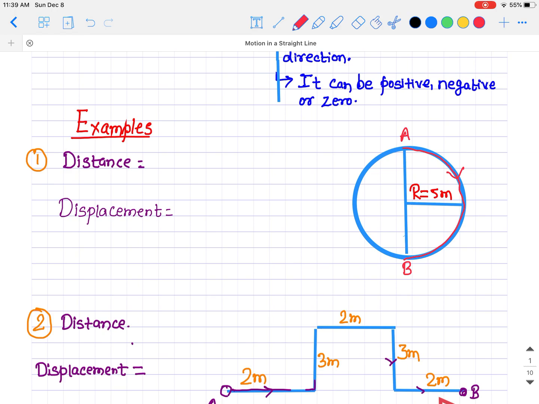In this case, you have to calculate what is the distance and what is the displacement. The distance, the actual path you have traveled, is all the way along this curved path, along this semicircle here. In other words, the distance is the actual path covered.